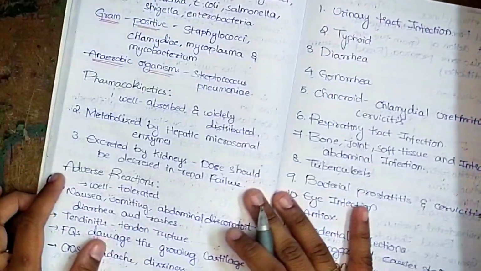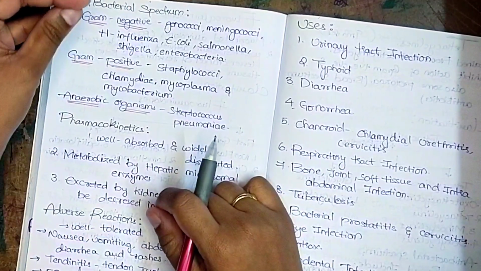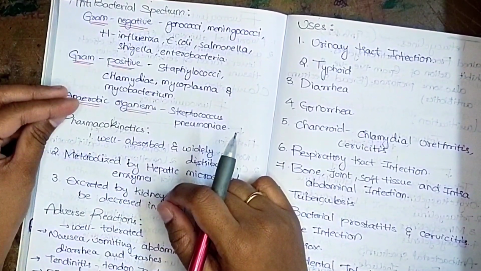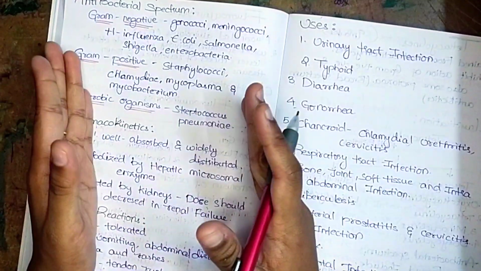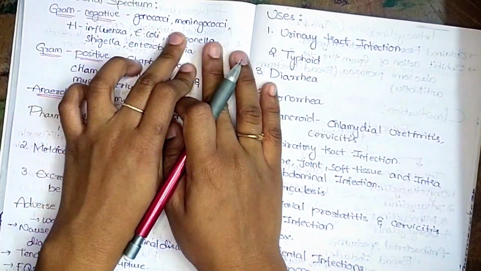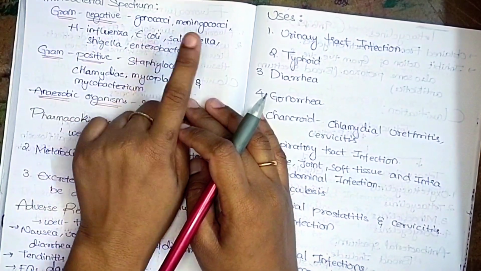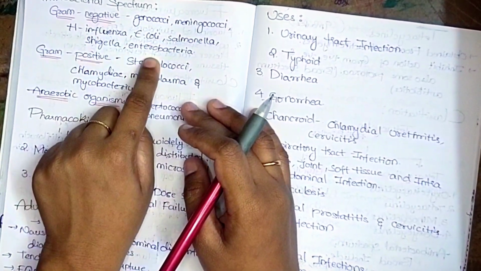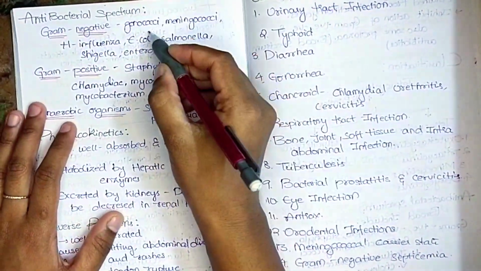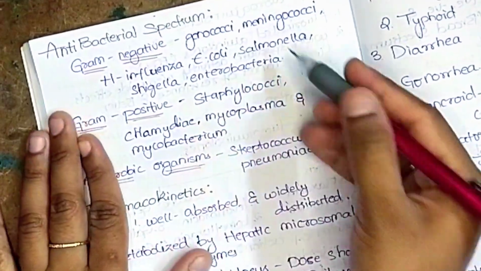Now about the antibacterial spectrum of fluoroquinolones: they attack gram-negative bacteria, gram-positive bacteria and also anaerobic organisms. Among gram-negative bacteria, they act on gonococci, meningococci, Haemophilus influenzae, Escherichia coli, Salmonella, Shigella and Enterobacter. We'll remember them in pairs.